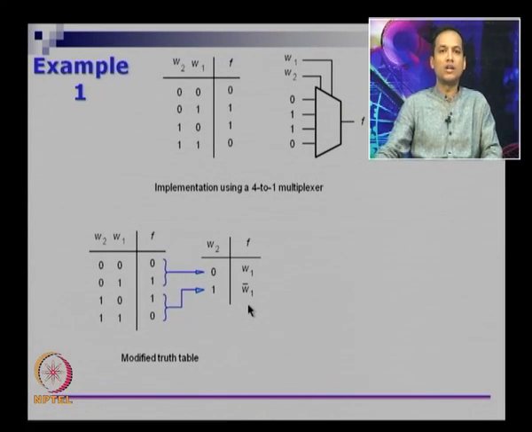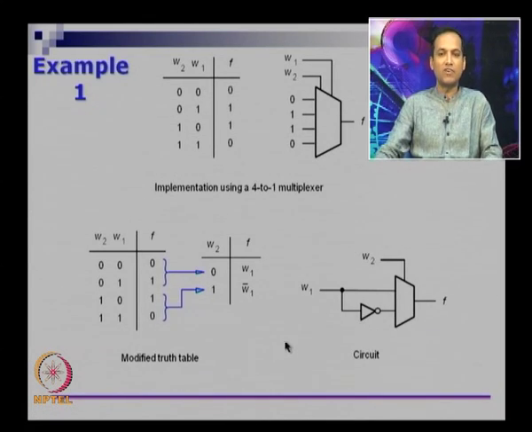This is also called a variable entered map, where you do not put all the variables only on the input side; even the function is written in terms of other variables. W2 is one variable, W1 is the other input to the same circuit, but F is not just a vector of zeros and ones, F is some function of W1 also. So this is called a variable entered map.